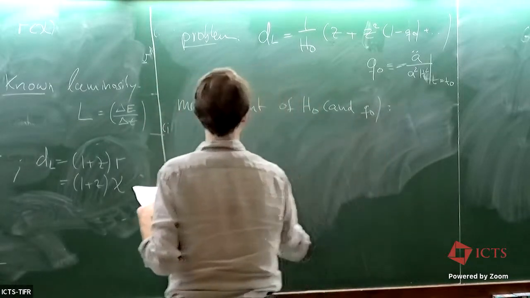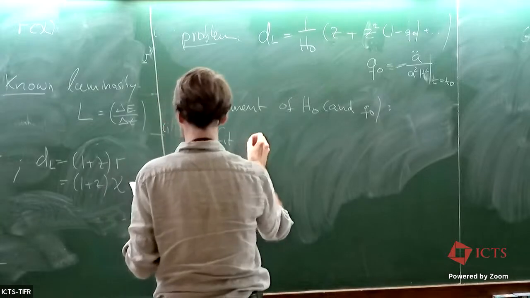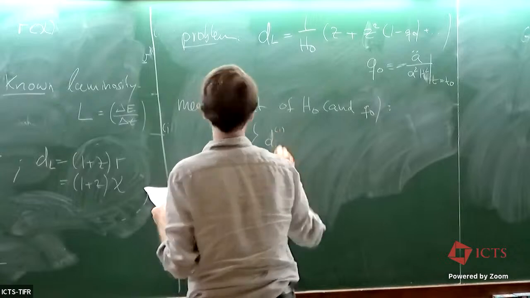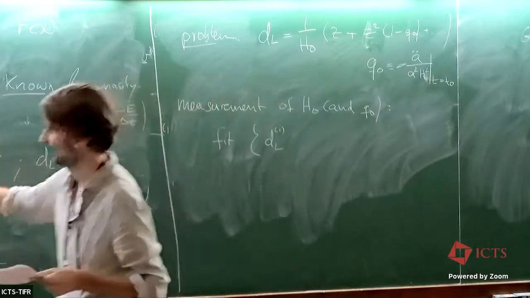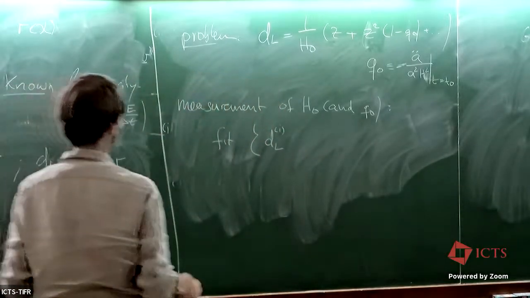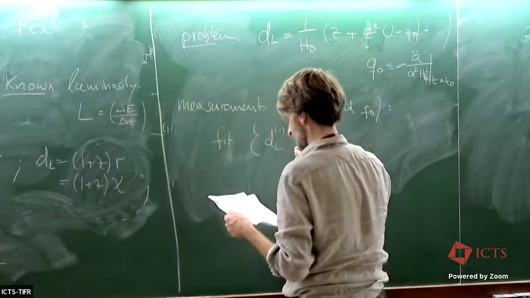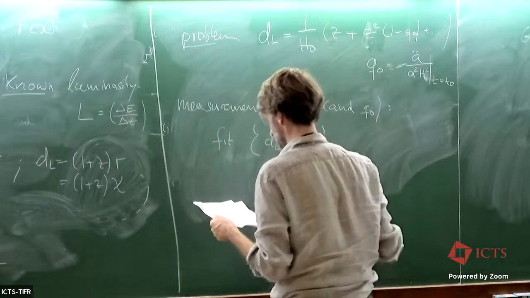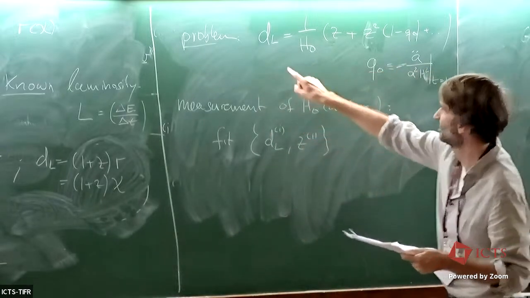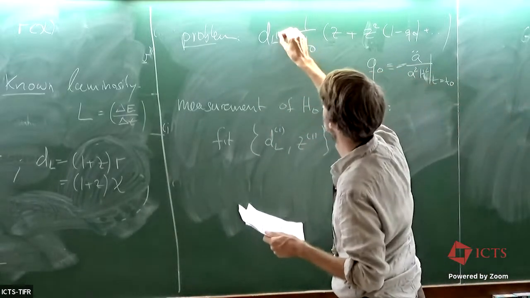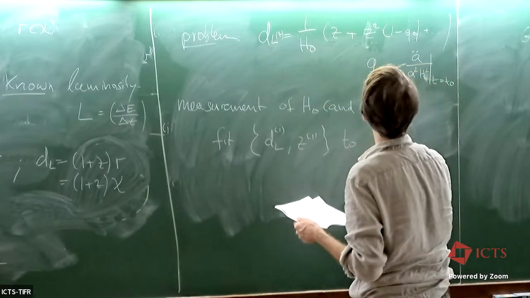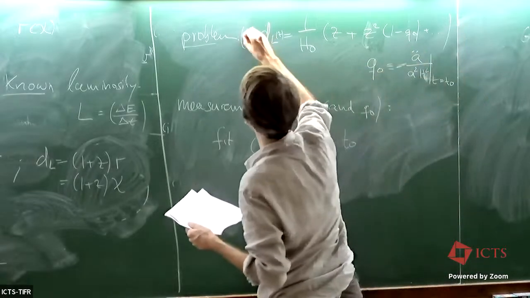To make such a measurement, we fit the observed luminosity distances, which, as I said, we get by measuring the fluxes of different sources, which I label by i, and the redshifts of these sources, to the functional form of dl given by this formula.